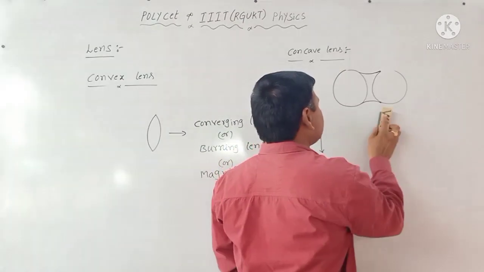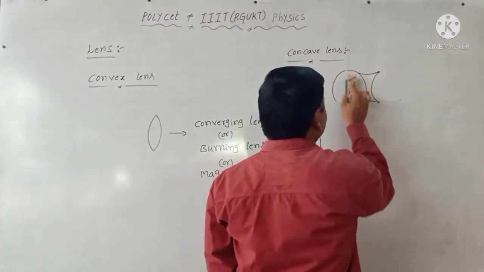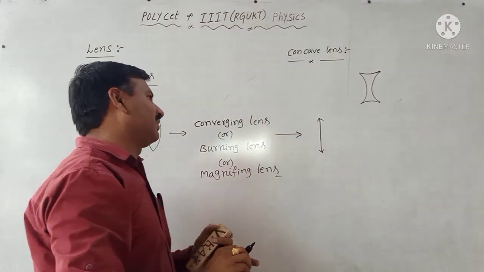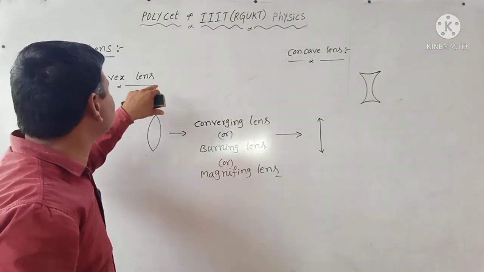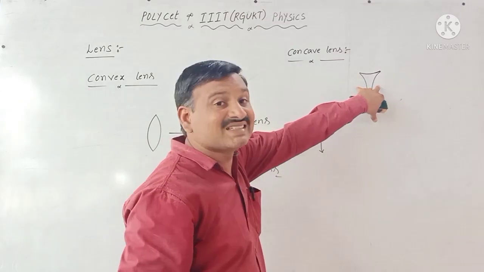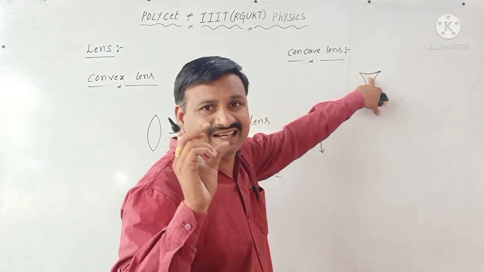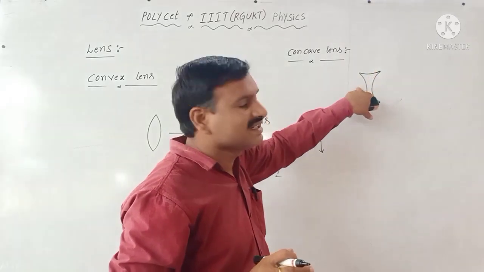So you observe this one. It is the concave lens. The concave lens has the middle thinner than the edges. The edges are thicker and the middle is thinner.